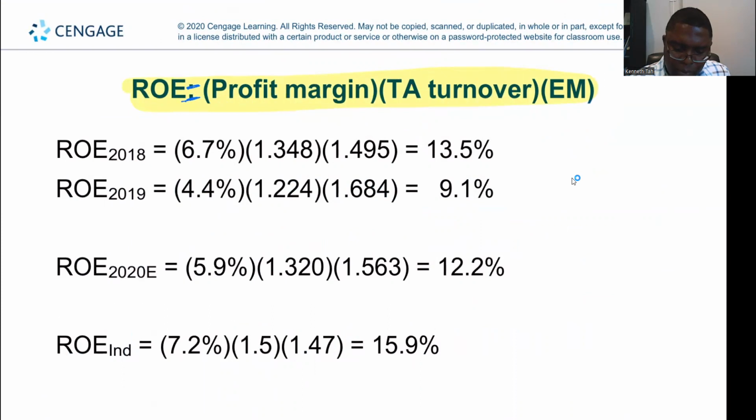You will find that our profit margin was 5.9, our total asset turnover was 1.320, and our equity multiplier is 1.563. When we multiply all of that, we end up with 12.2. And if we go back and look at when we calculated return on equity separately, we will discover that we had 12.2.